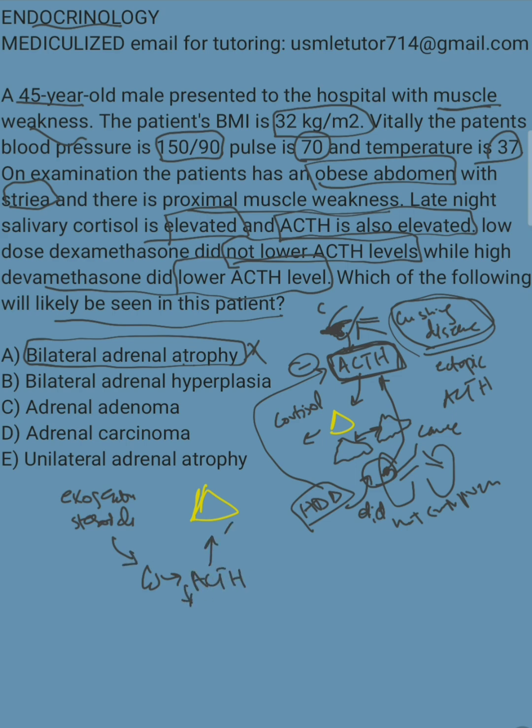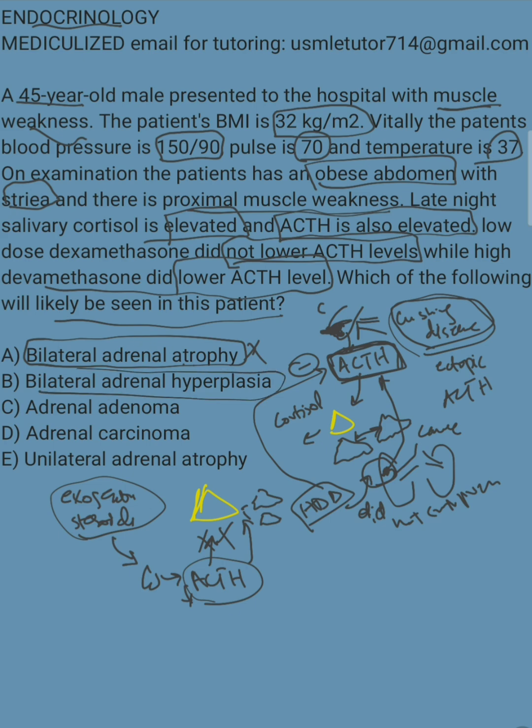ACTH decreases, there is no action of ACTH on the adrenals, and the adrenals eventually will undergo atrophy. So there will be bilateral atrophy of the adrenals because exogenous steroids suppress ACTH. So this is definitely not exogenous, because ACTH is elevated, it is not suppressed. So that rules it out.